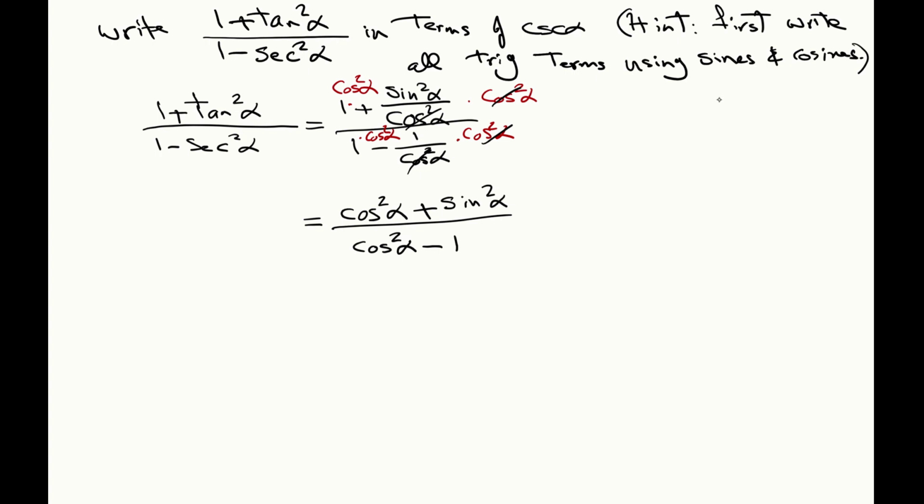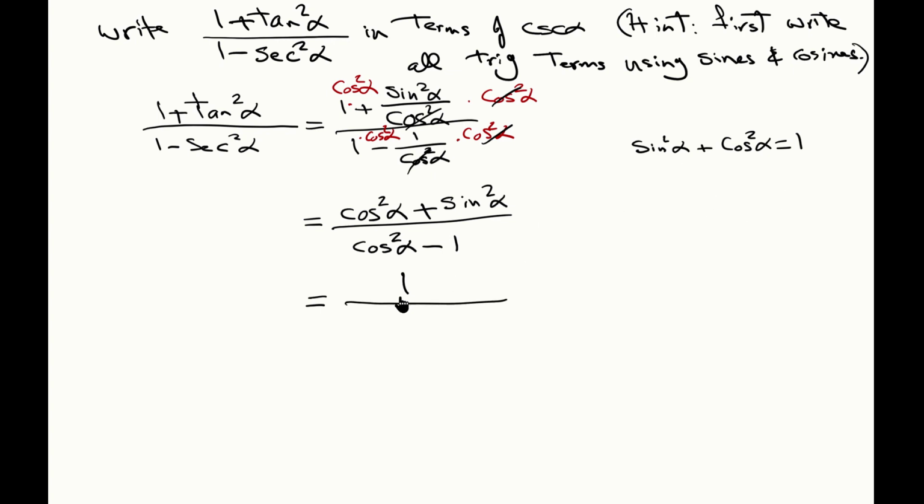So now we recall our trigonometric Pythagorean identities, which were, if you recall, sine squared alpha plus cosine squared alpha equals 1 was the very first one we looked at. And of course, cosine squared alpha plus sine squared alpha is the same as sine squared alpha plus cosine squared alpha. So we can replace that with a 1.